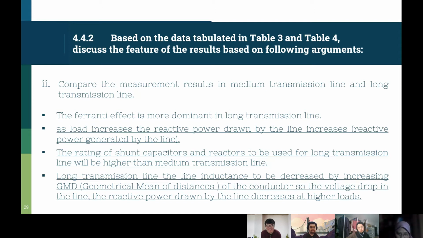As load increases, the reactive power drawn by the line increases, compared to the reactive power generated by the line, and the rating of the shunt capacitors and resistors to be used for a long transmission line will be higher than for a medium transmission line. Therefore, in the long transmission line the line conductance is to be decreased by increasing the geometrical mean distance of the conductors, so the voltage drop in the line and the reactive power drawn by the line decrease at higher load conditions. All right, next.